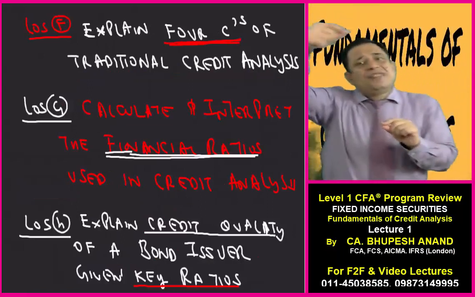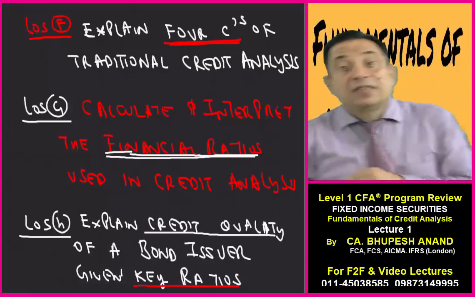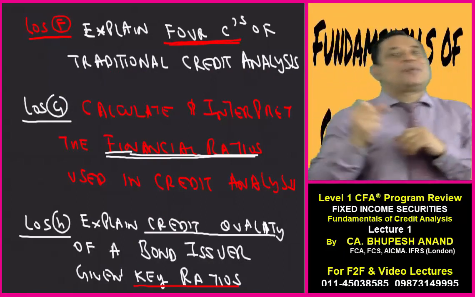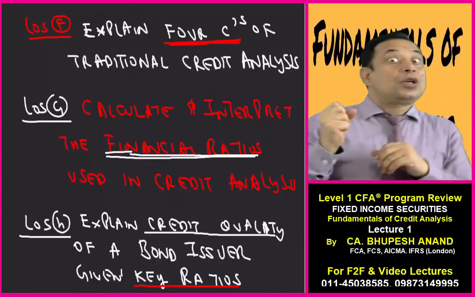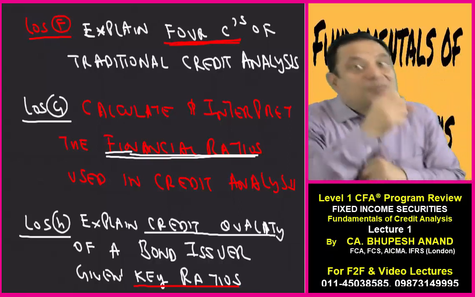And traditionally, what 4Cs were we doing? We will be discussing financial ratios, as we have discussed in financial reporting: how to calculate profitability ratios, debt equity ratios, long-term solvency ratios, and short-term solvency ratios.